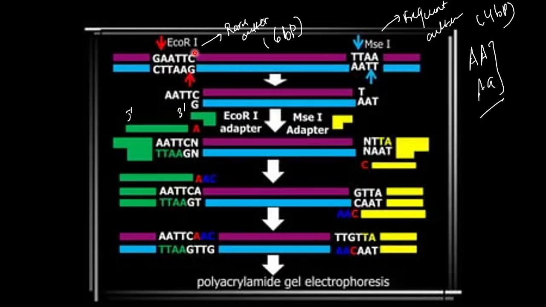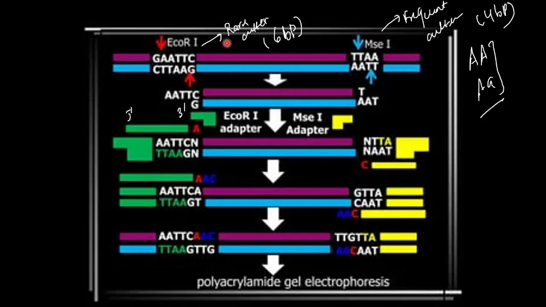For example, EcoRI recognizes 6 base pairs and MseI recognizes 4 base pairs. You cannot randomly use any restriction enzymes. You need to use a combination of enzymes which could work together. One should be the rare, one should be the frequent cutter.